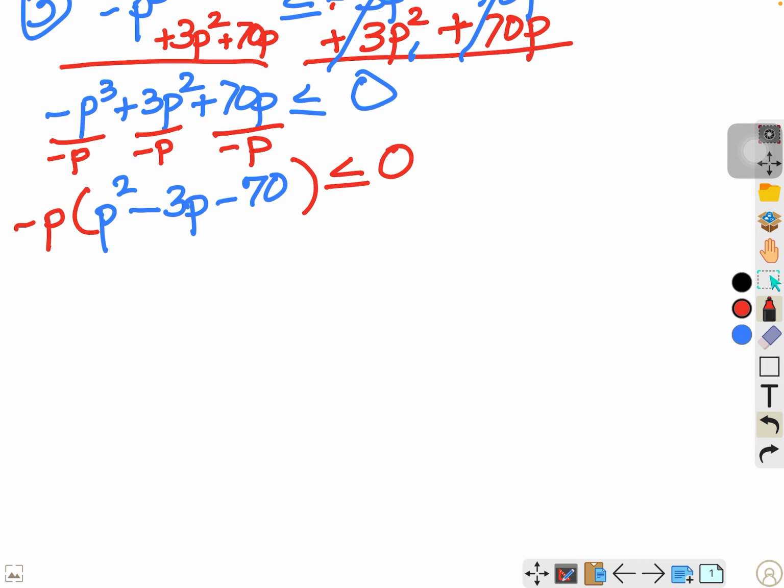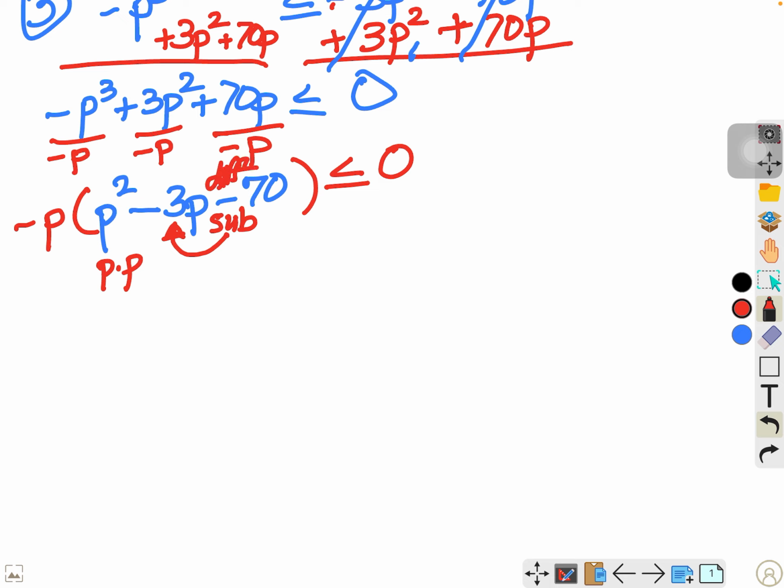Looking at our factoring options, p times p gives us p squared. There's many different options to get 70, but looking at my sign rules, I need a pair of factors of 70 that subtract to give me subtract 3p. And my signs are going to be different.